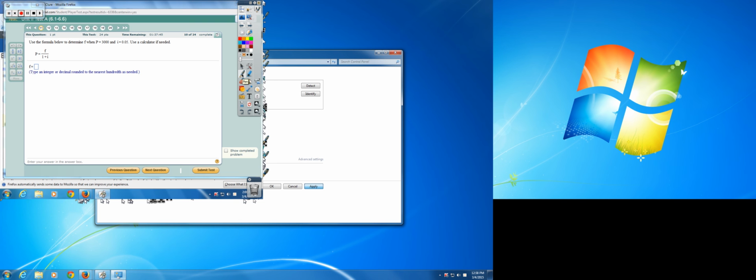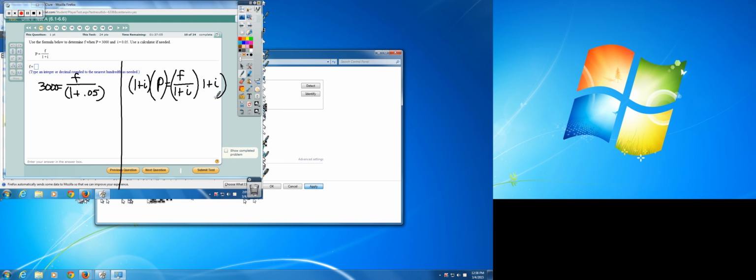You can do it this way and say 3,000 is equal to F over 1 plus 0.05, and you can do it that way and solve for F, or you can go ahead and P is equal to F over 1 plus I, multiply both sides by 1 plus I, and you get F is equal to P times 1 plus I, and then plug in 3,000 times 1.05 is equal to F.